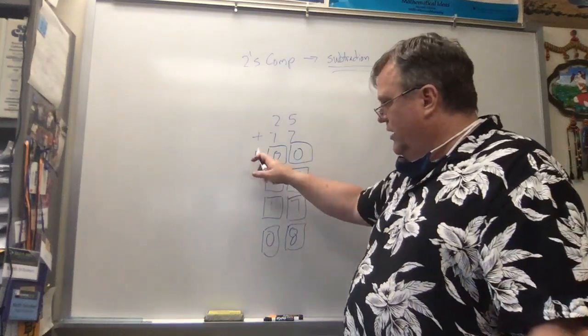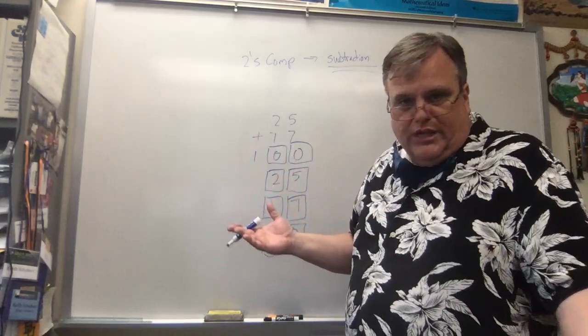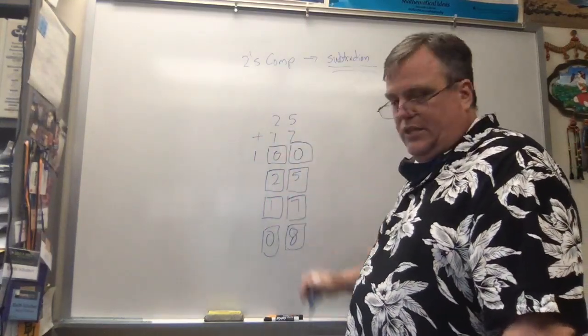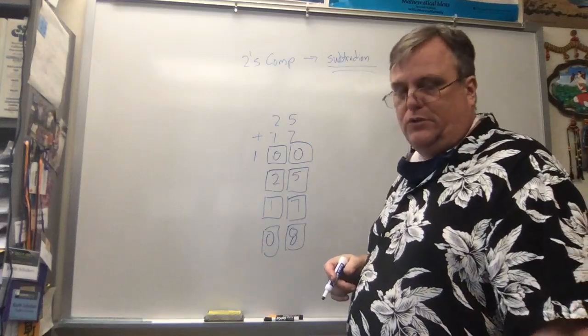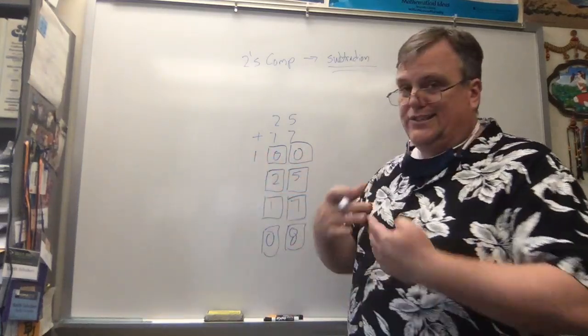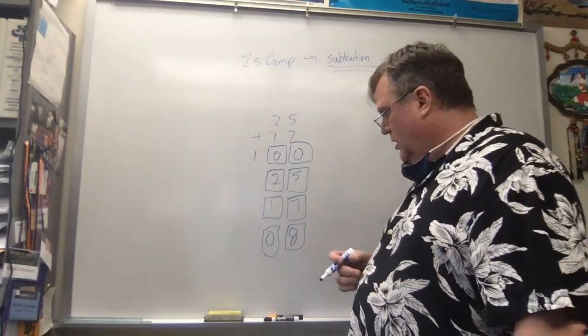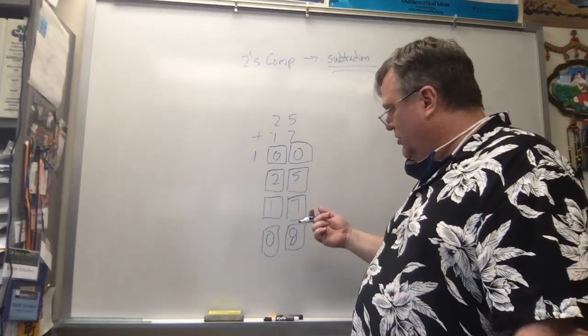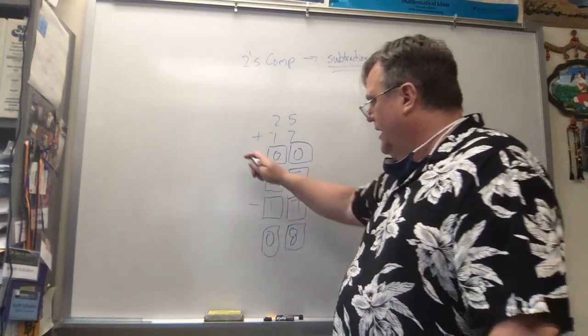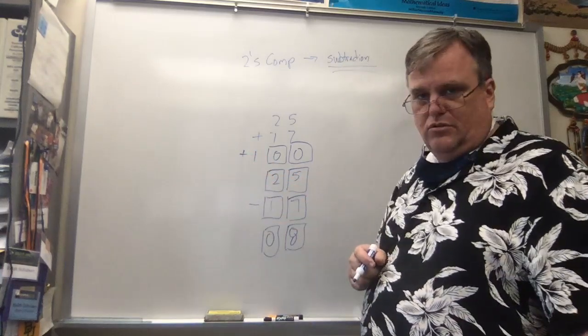So that 1, there's no screen for it, so you can't see it. So if I were to add 100 to any of these, it would make no difference because I'm adding two zeros. The 1 is not going to appear. So what I would like to do is handle my problem, because this is a minus, so I'm going to add 100 to it.